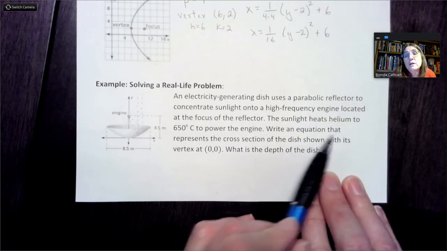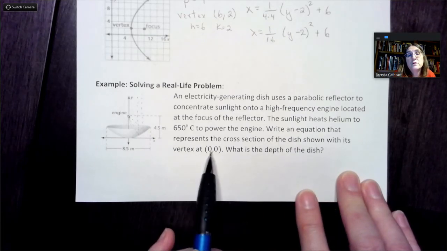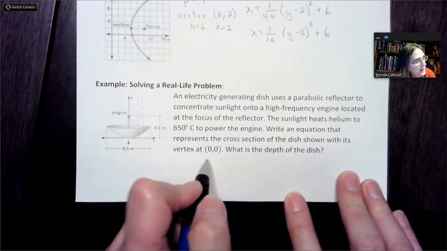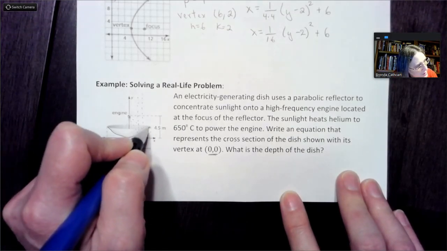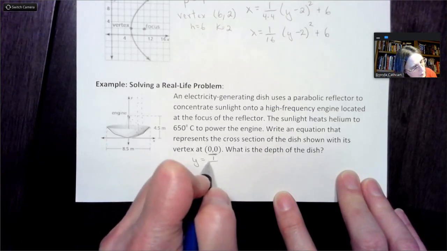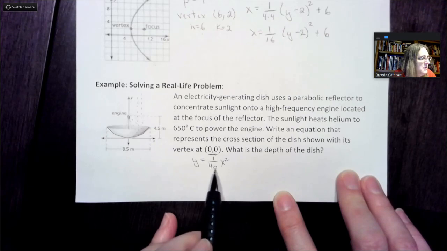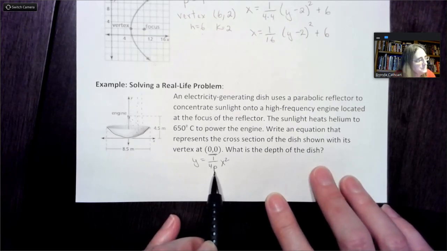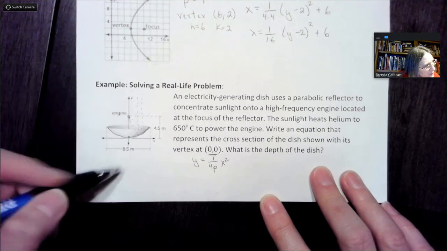We want to write an equation that represents the cross-section of the dish shown with its vertex at 0, 0. Since the vertex is at 0, 0 and our dish opens vertically, our equation is of the type y equals 1 over 4p x squared. All I need to find is p. Remember, p is our distance between our vertex and our focus.